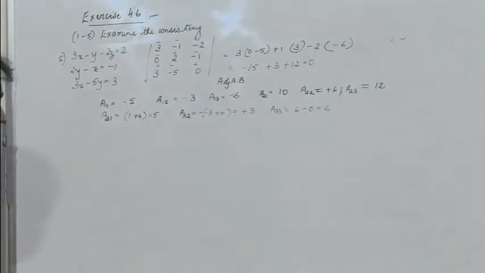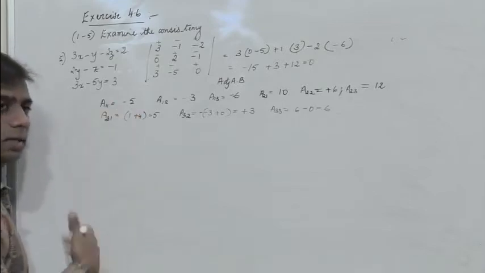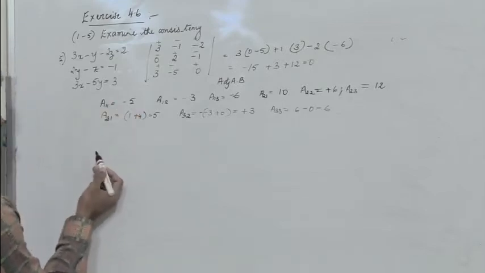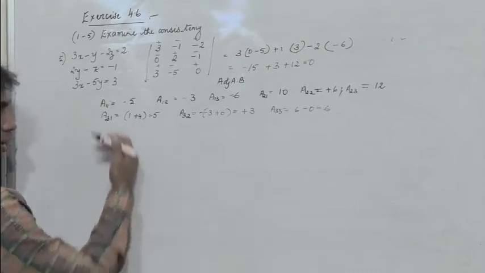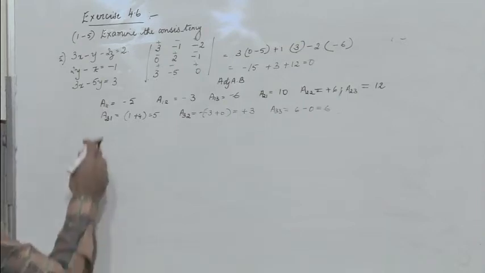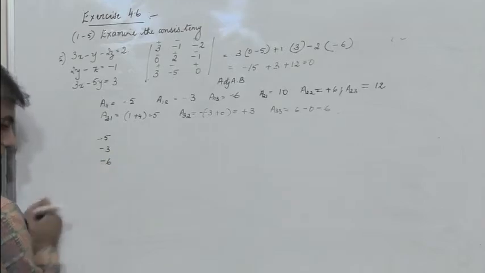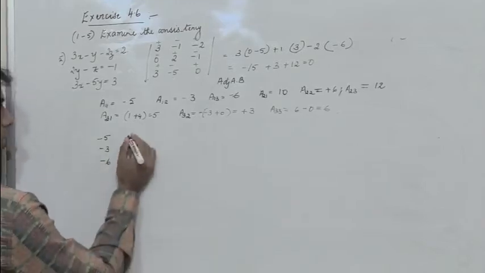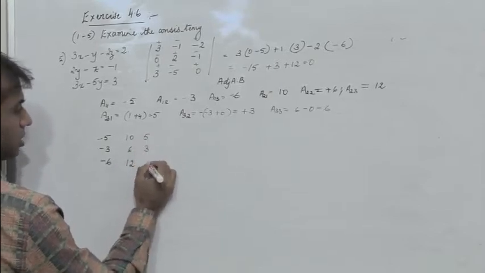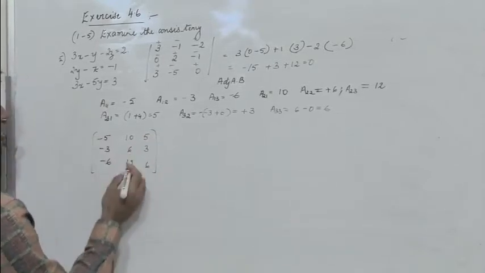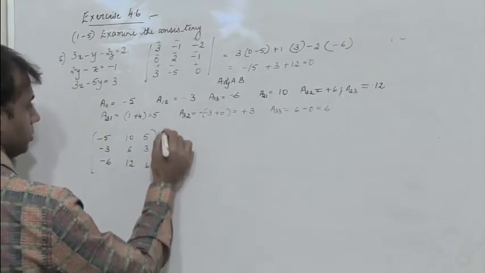Okay, so to write adjoint A, we have to write all these cofactors and then take the transpose. So I will get A11, A12, A13, A21, A22, A23. So write all of them column wise. So I'll directly write. So I have minus 5, minus 3, minus 6. Then you have 10, 6, 12, 5, 3 and 6. So this has to be multiplied with B, which is 2, minus 1 and 3.